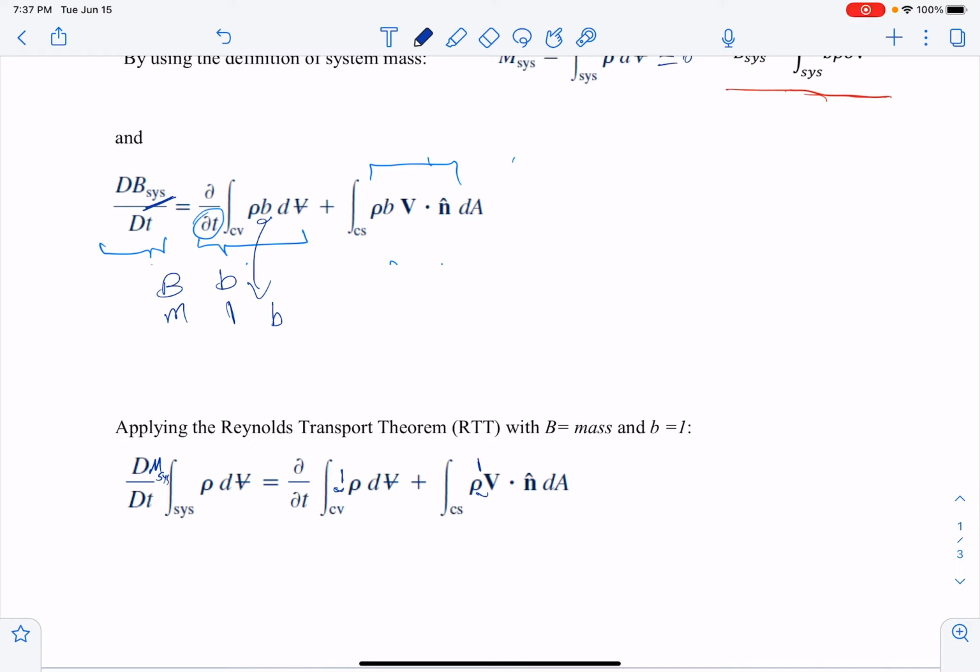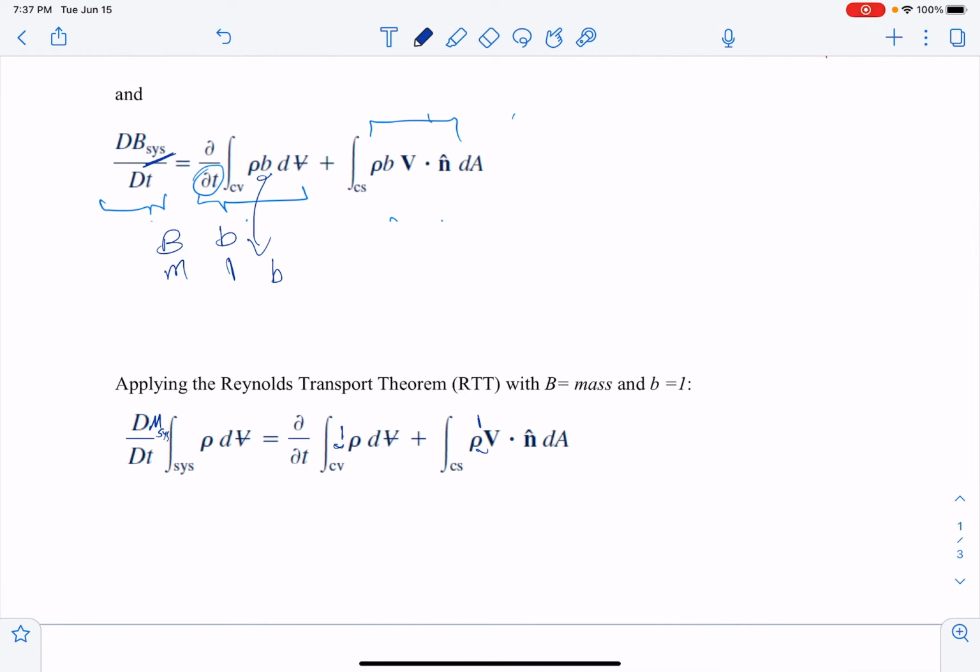Whatever it is, the way we keep track of it is we say that the rate of change of B in our system is equal to the rate of change of B within our CV, plus the rate at which B crosses our CV boundary. So now if we set B equal to mass, this is what we have here right now, this formula.